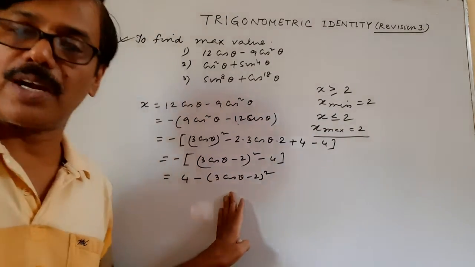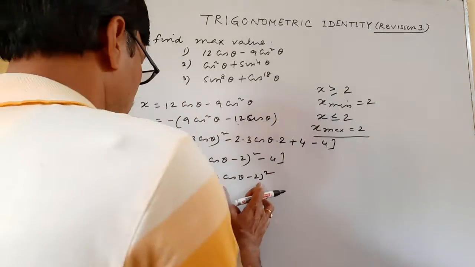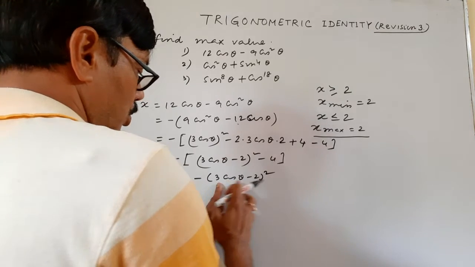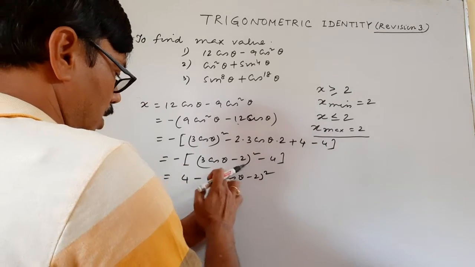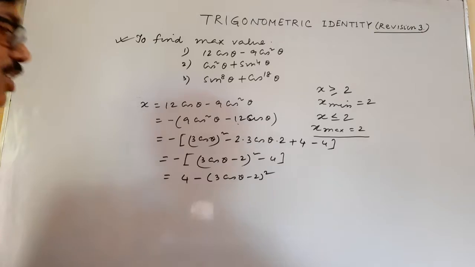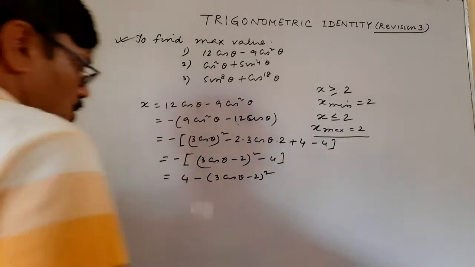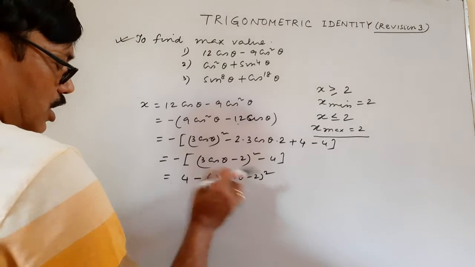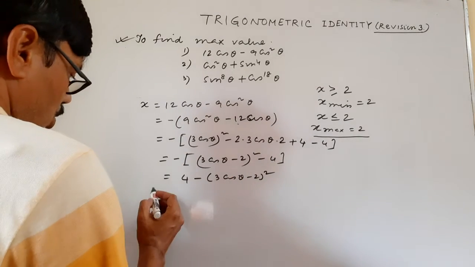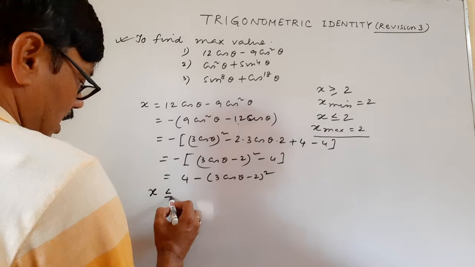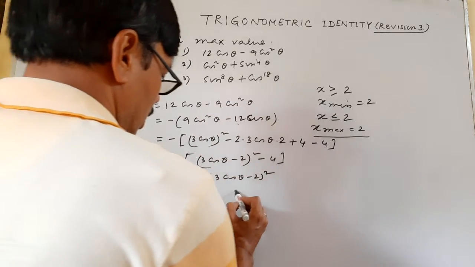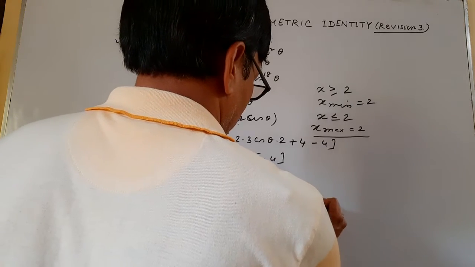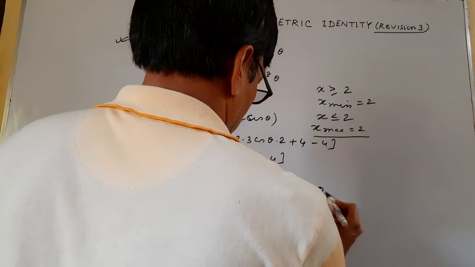Now this is a square term. If it is 0, its value is 4. And if it is non-zero, then it is positive, but here it is negative, so less than 4. So we get x less than or equal to 4, since 3 cos theta minus 2 whole square is greater than or equal to 0.